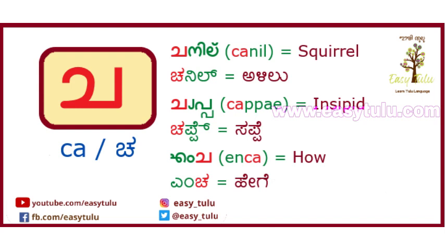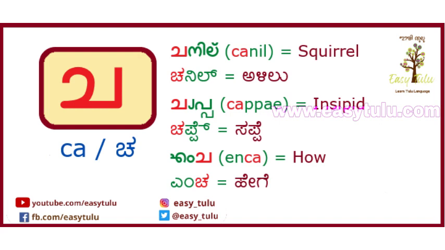Next one is Cha. Examples: Chanilu. Chanilu means squirrel. Alilu in Kannada. Chappe. Chappe means insipid.